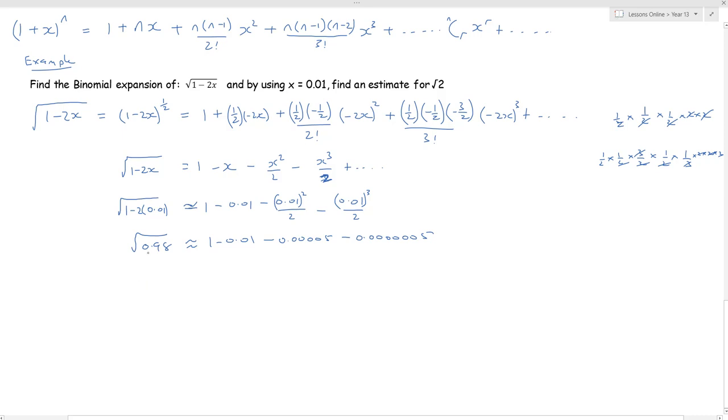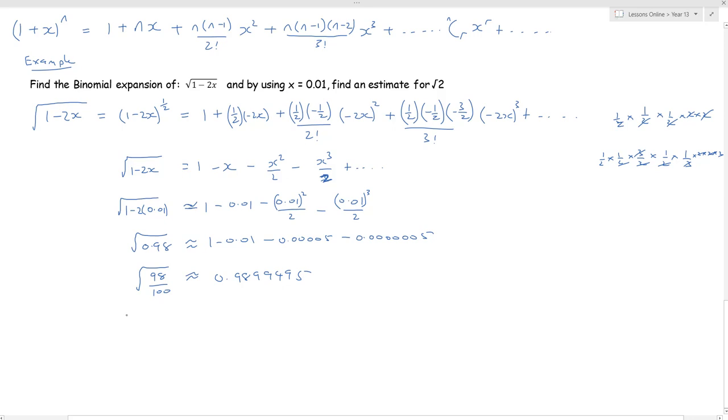So that means that the square root of 0.98, now that's the same thing as writing the square root of 98 over 100. Yeah, 0.98. It's approximately equal to, work that on my calculator, I get 0.9899495.